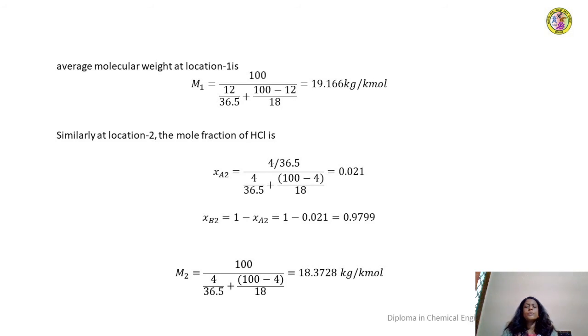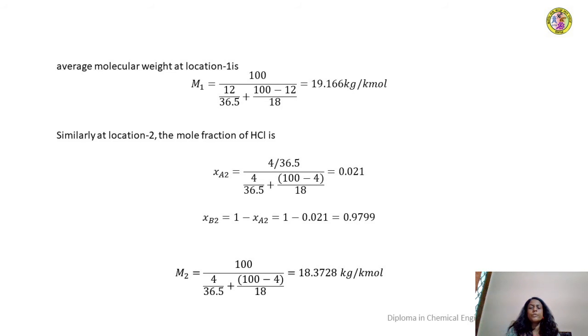So M1 is equal to 100, the total weight of the mixture that we have considered, divided by the moles. The moles of HCl are obtained by dividing 12 by the molecular weight of HCl, so 12 divided by 36.5, plus (100 minus 12) divided by 18, which gives you the total moles of the mixture.